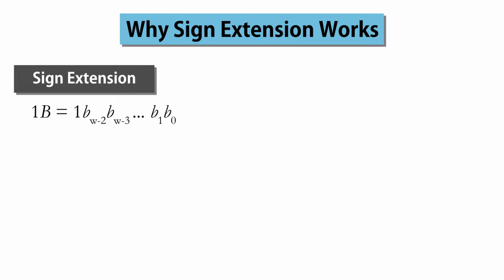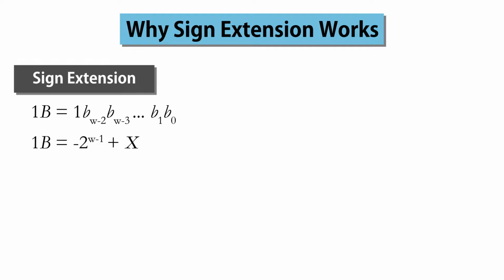According to our evaluation rule, all of the bits in B have positive weight, so we can just treat those bits as representing some non-negative integer value x. Finally, we note that the leading 1 has weight minus 2 to the W minus 1. Hence, our 2's complement negative number 1B represents the integer value minus 2 to the W minus 1 plus x.